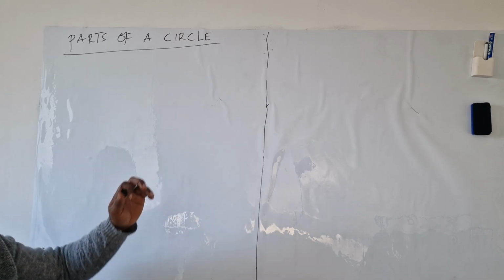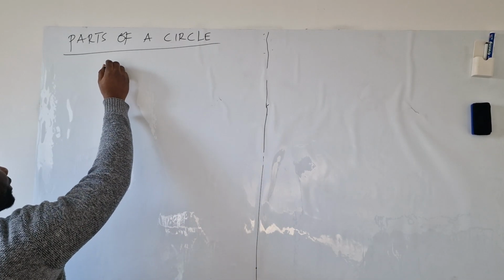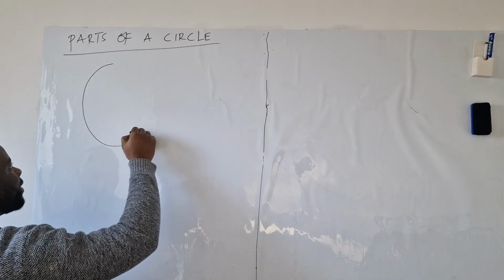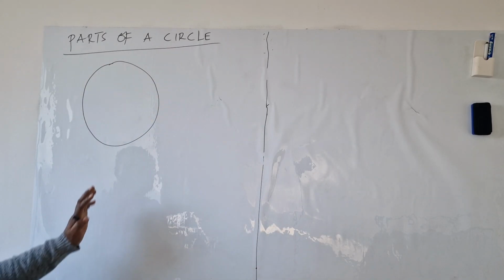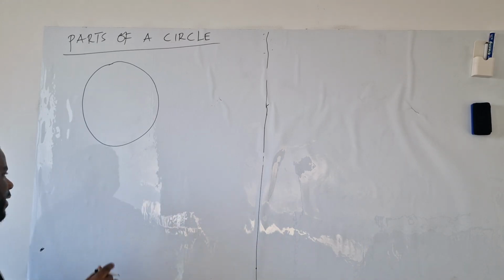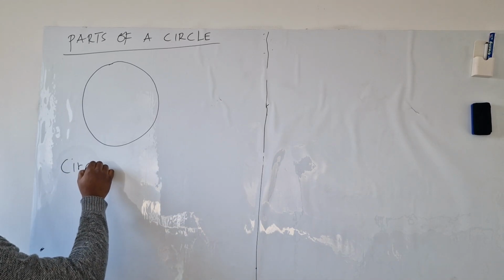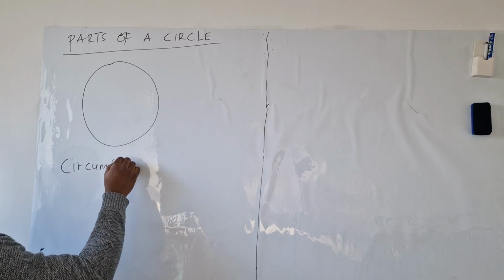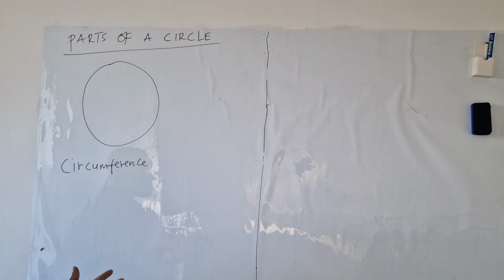Good. So first of all, let's have our circle. So this is our circle. And the first part of the circle to look at is circumference. What is circumference of a circle?